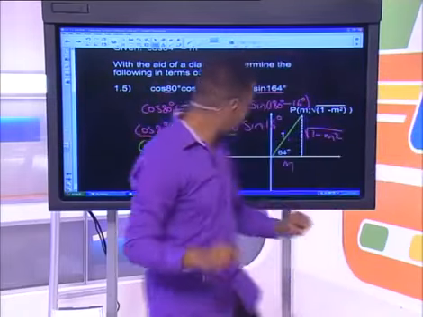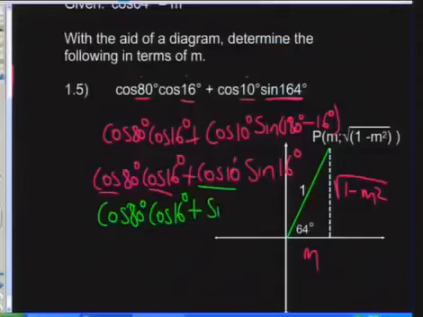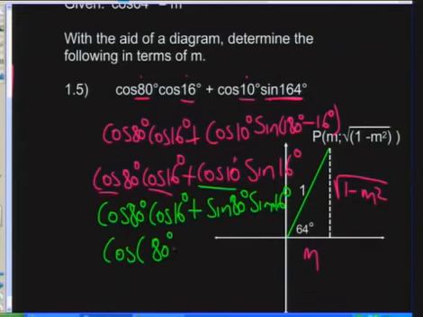So I can change this cos 10 into sine 80 degrees, because of the co. So this is sine 16 degrees. What can I do? Now I'm happy enough. Cos, sine. I know this is cos. So this must be cos of 80 degrees minus 16 degrees.